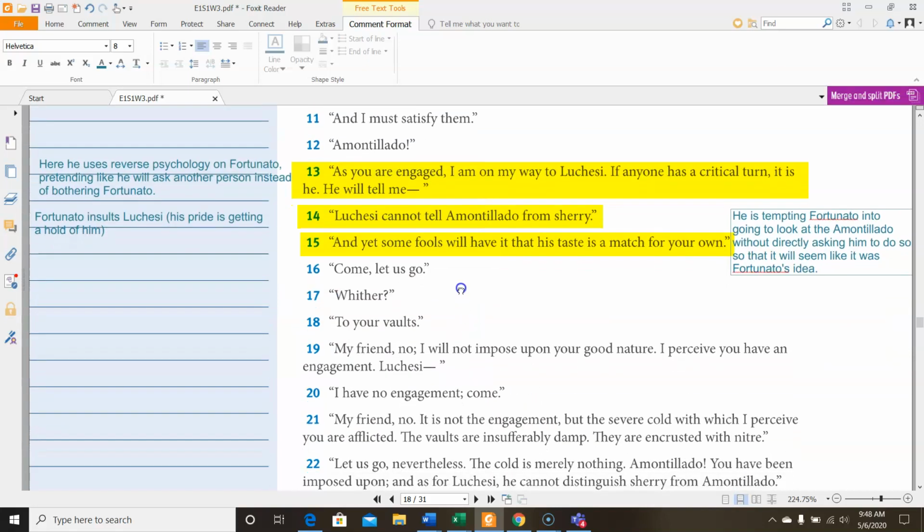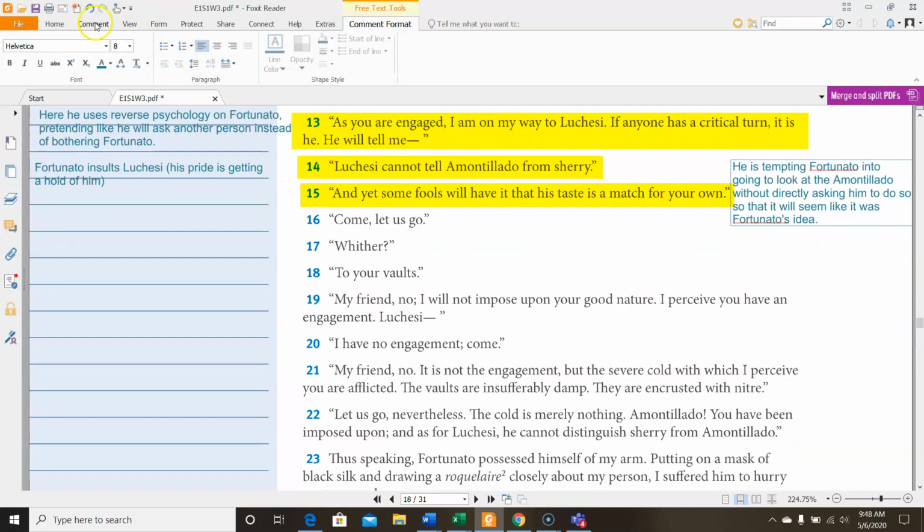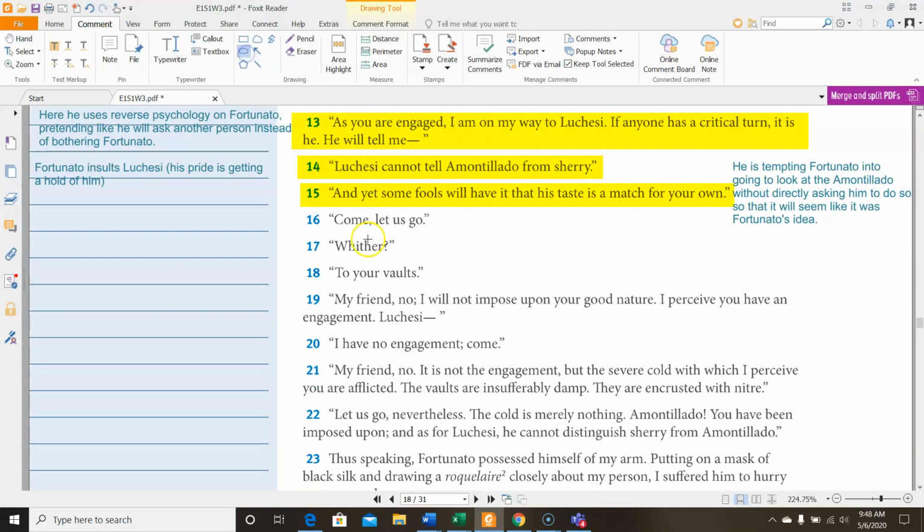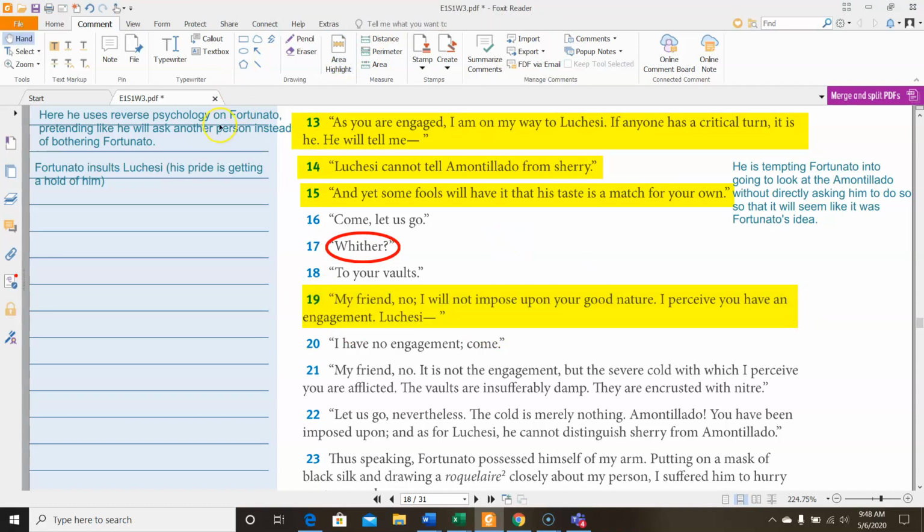Come, let us go. Whither? To your vaults. My friend, no, I will not impose upon your good nature. I perceive you have an engagement. Lucchesi. So here, it's ironic because he wants Fortunato to go with him to the vault so he could kill him.